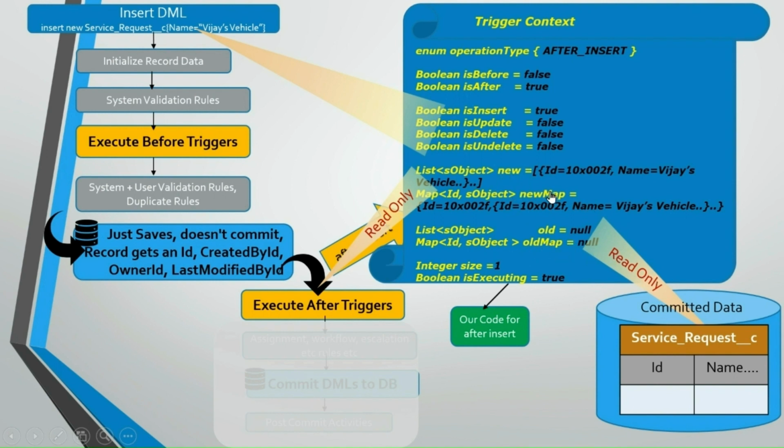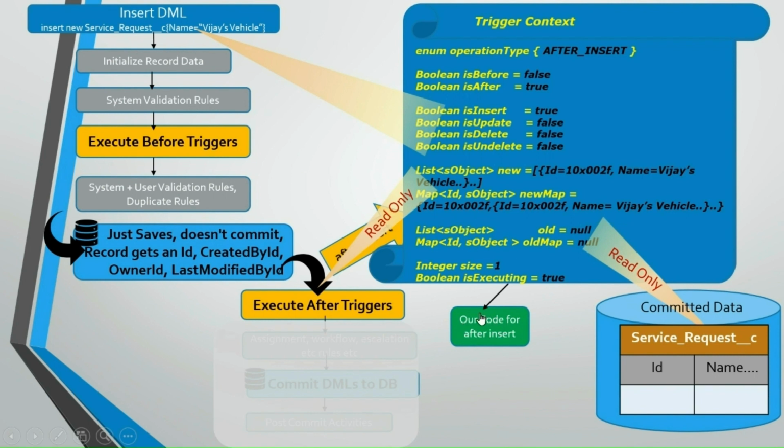New and new map are also read only because the new values we have in new and new map are already saved by this step. Again, it will not allow us to modify the data. The old and old map are read only because Salesforce fetched the data from the database for the record that is currently being inserted.